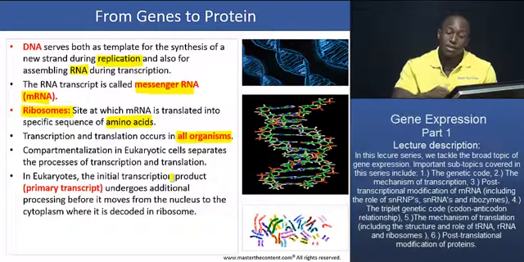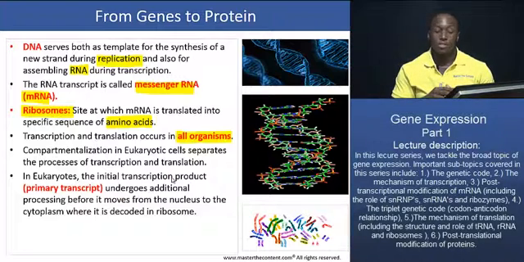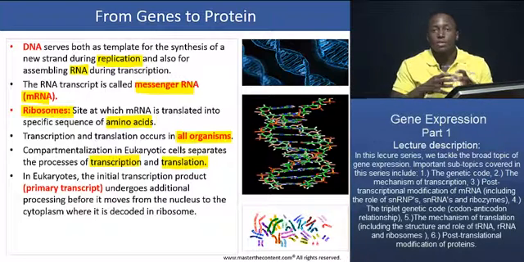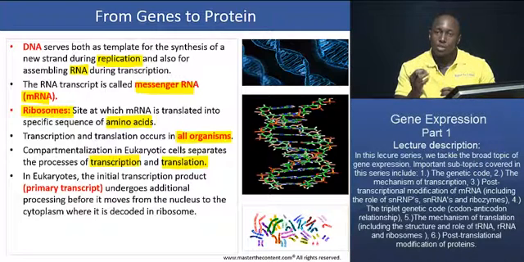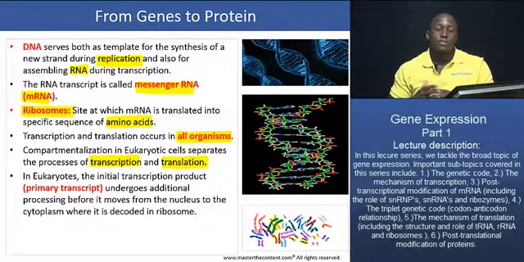Eukaryotes, on the other hand, have distinct compartmentalization of these two processes. Transcription in a eukaryotic cell is separated physically from translation. Transcription will occur in the nucleus of a eukaryotic cell, and then the mRNA transcript produced as a result of that process is transported outside the nucleus, where it is used in translation to produce a protein.